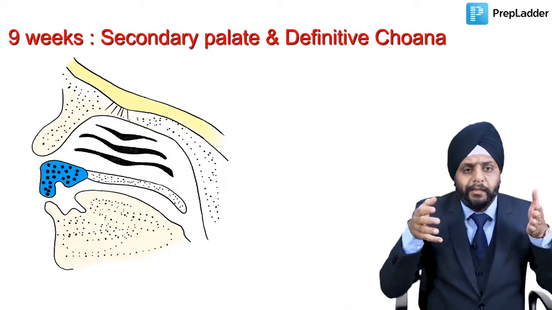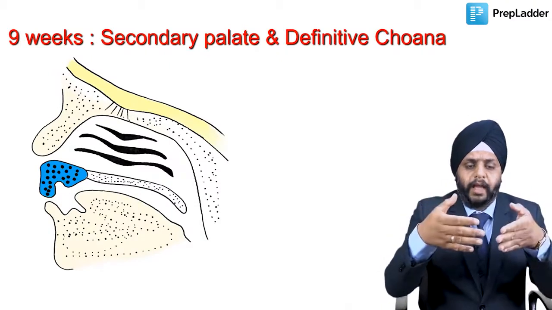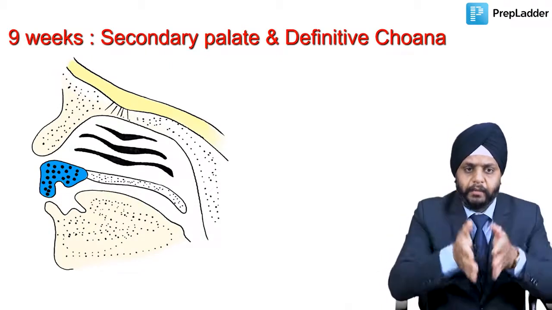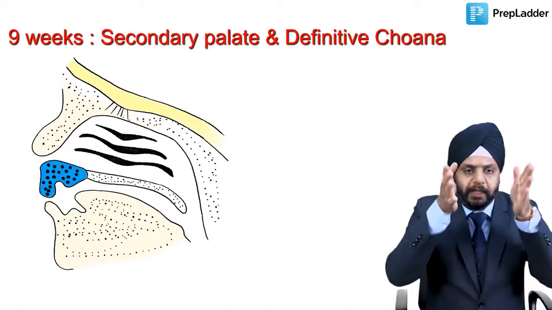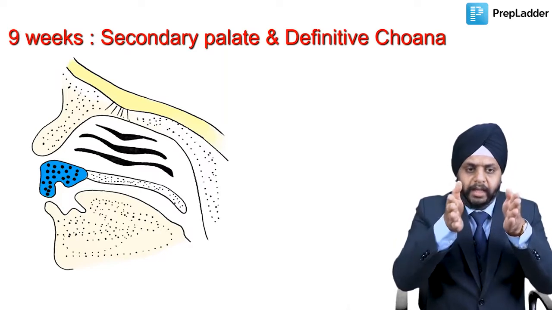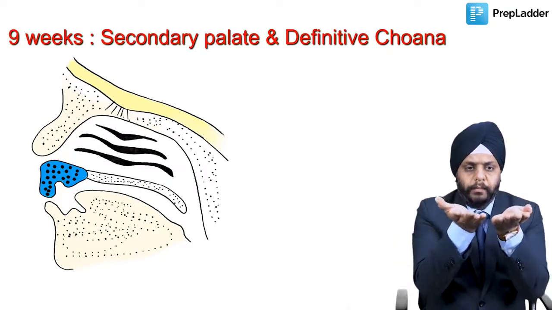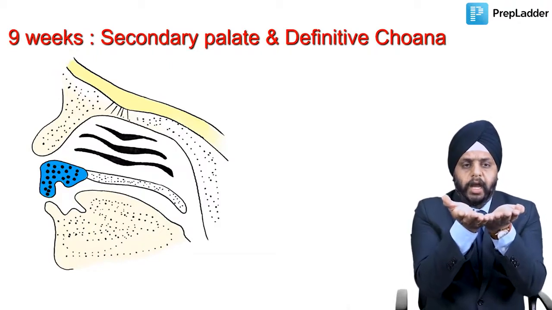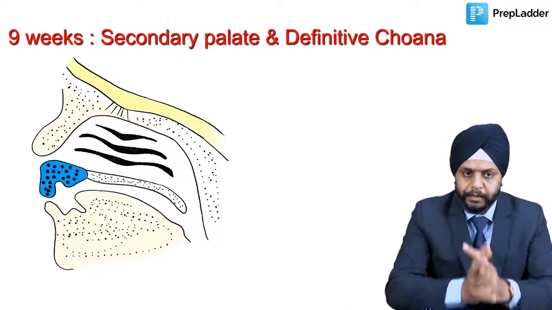Now this maxillary process, when it is growing from the sides, gives a plate of bone, a vertical plate. This vertical plate of bone grows vertically like this, and after some time it rotates, meets in the midline, and forms the palate, the secondary palate.